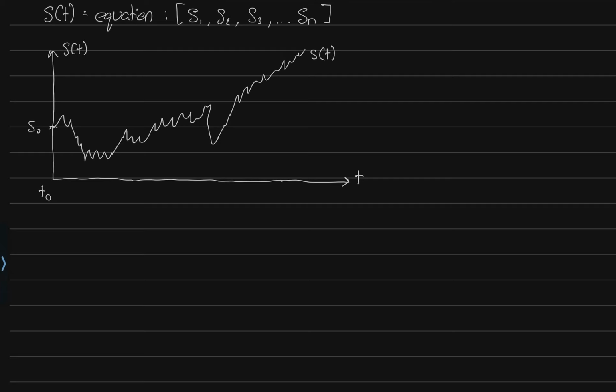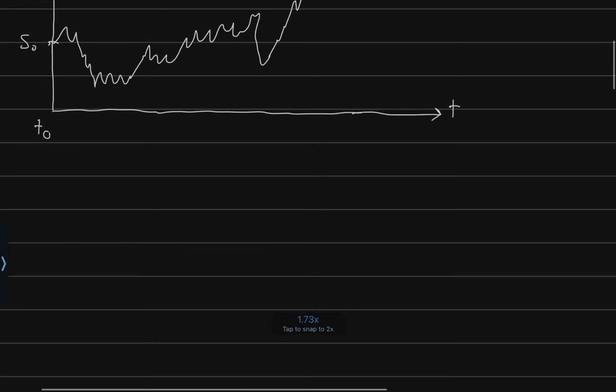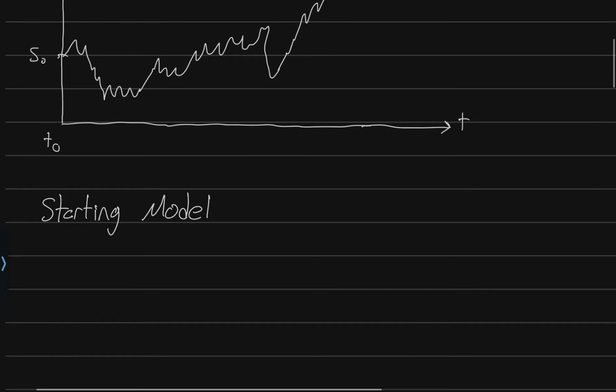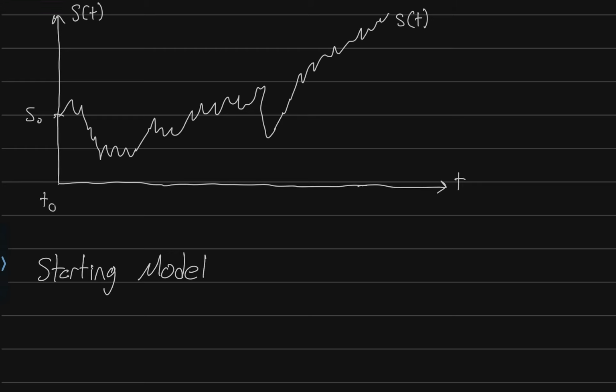Cool. So to start our model, we can notice one very evident characteristic of this movement, such that it has some kind of drift, or some kind of slope, such that we have a delta time and a delta s.